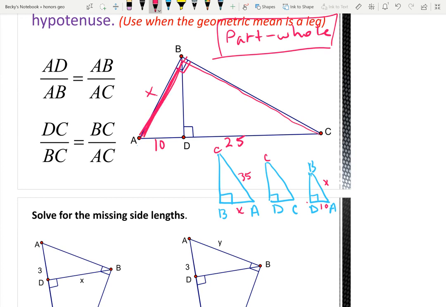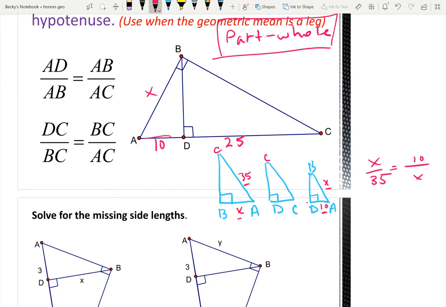It's part of this baby triangle, and it's part of this big papa triangle, okay? So what you can do is write a proportion using that information. You can say, well, this X on the baby triangle corresponds with the 35 on the big triangle, and the 10 on the baby triangle corresponds with the X on the big triangle.